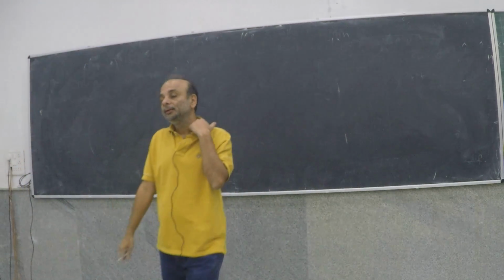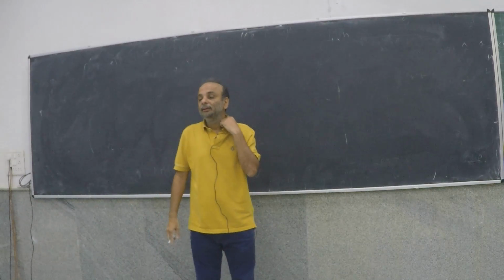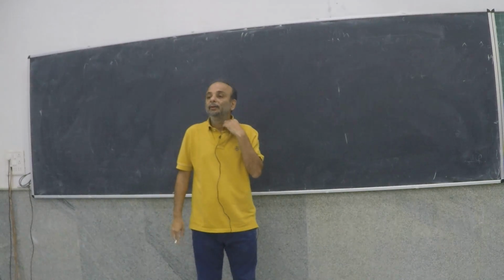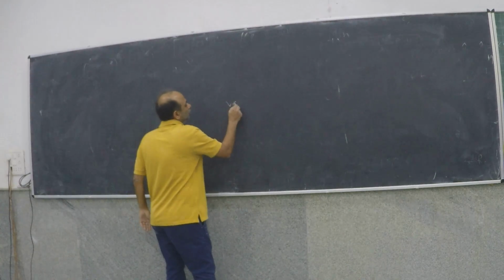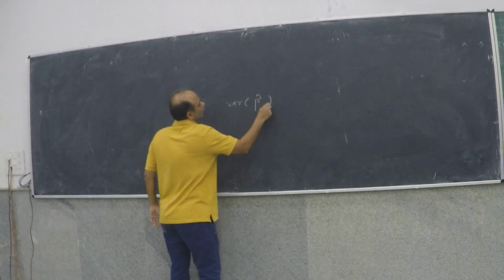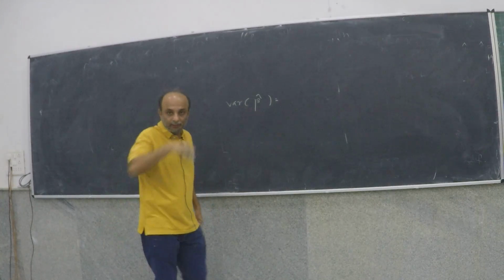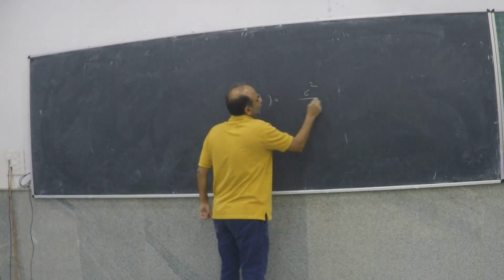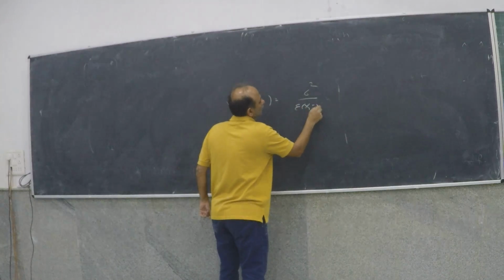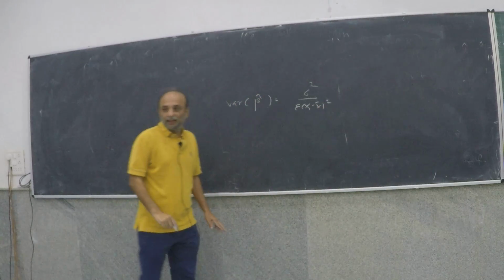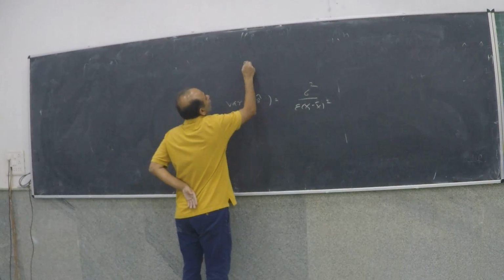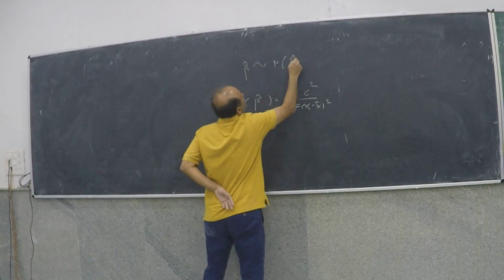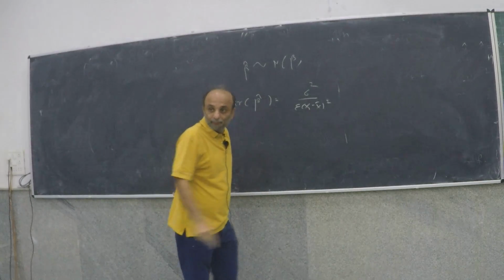Can you explain the t distribution? Not the whole thing, just... See, we know the variance of beta hat is sigma square over summation xi minus x bar square. We also know that beta hat is normally distributed with mean beta.